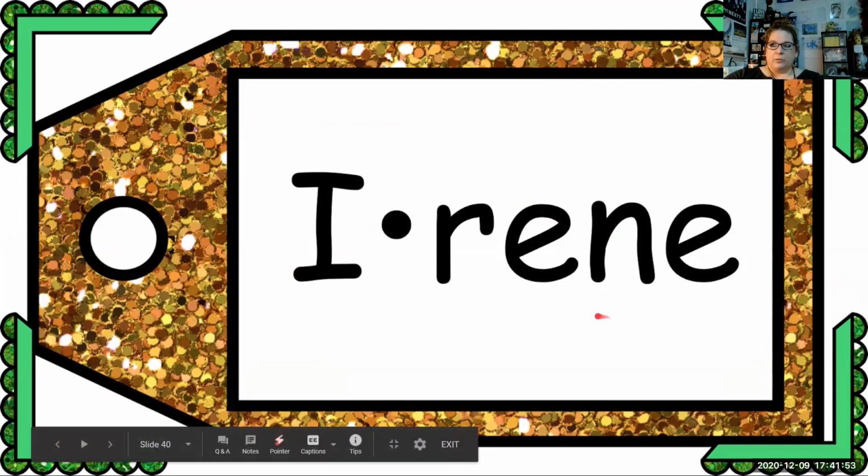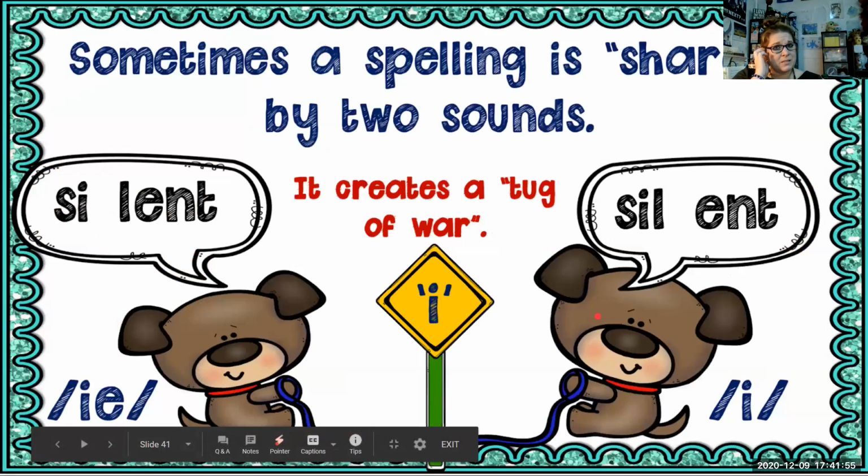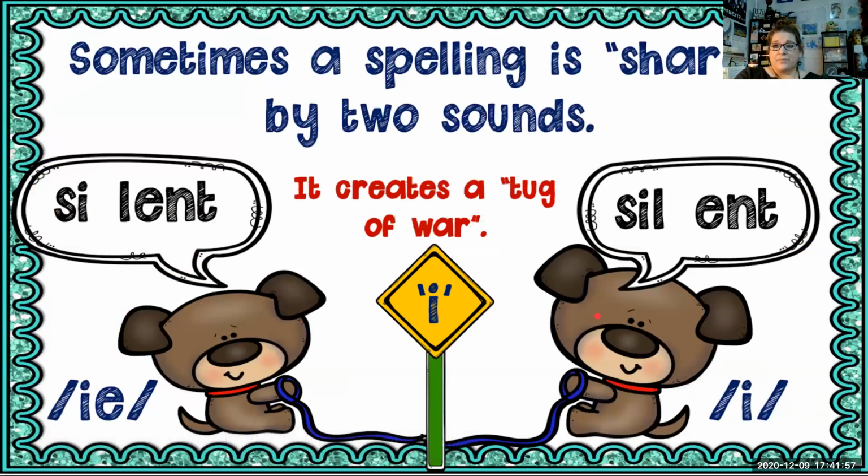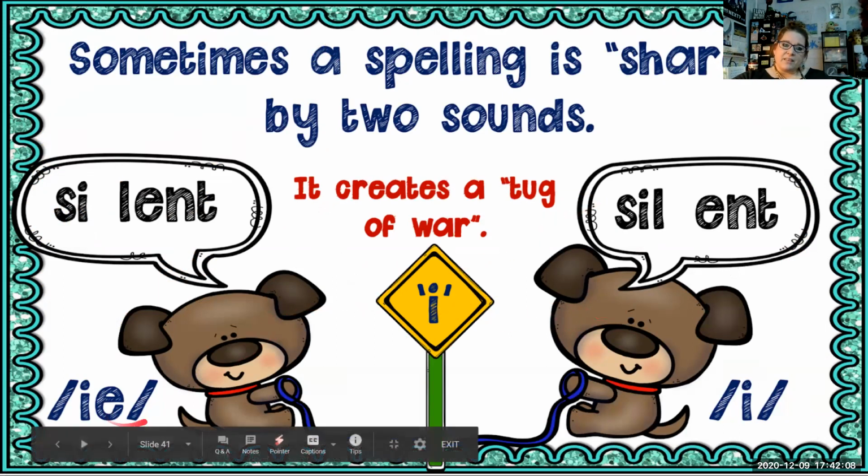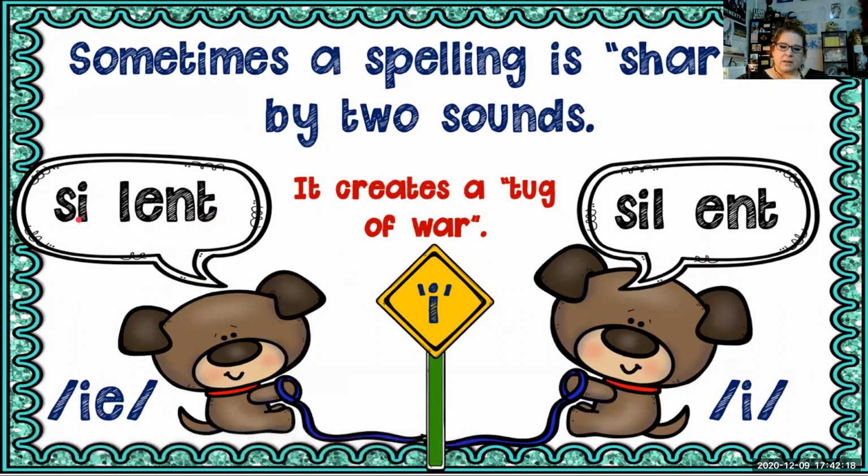Okay, so sometimes a spelling is shared by two different sounds. Like we have the letter I, and it creates this tug of war between the sounds. We have the long I sound with the letter I, and we have the short I sound with the letter I. Well, let's look at how this word is broken apart.